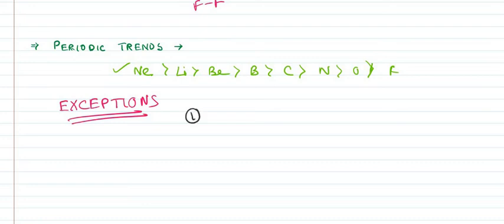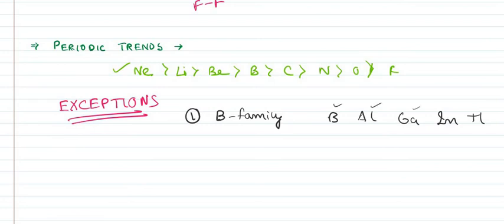Number one, do you remember the boron family? Boron, aluminium, gallium, indium, thallium. What is the expected atomic radius?